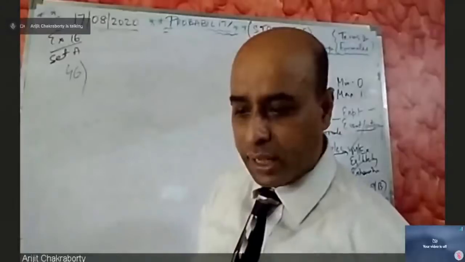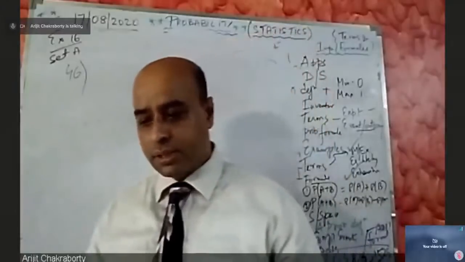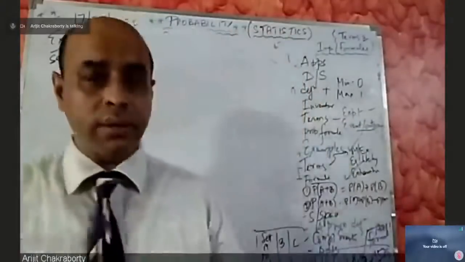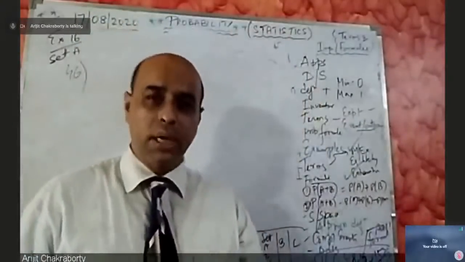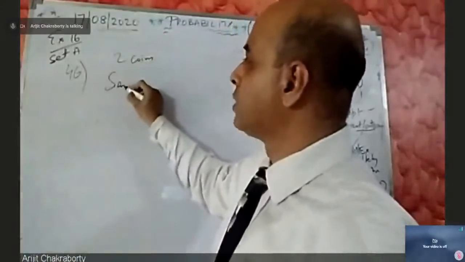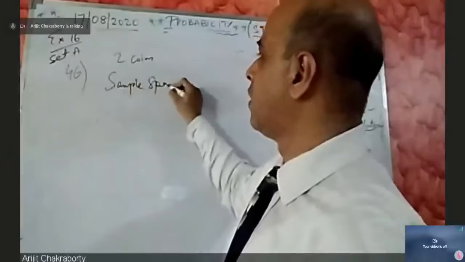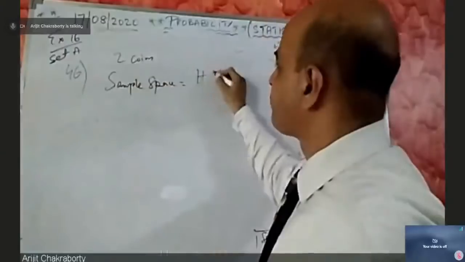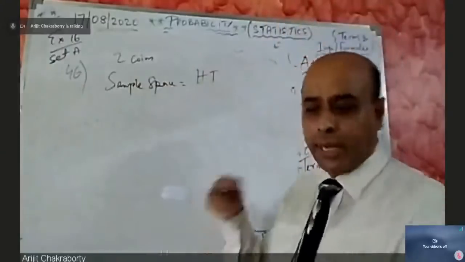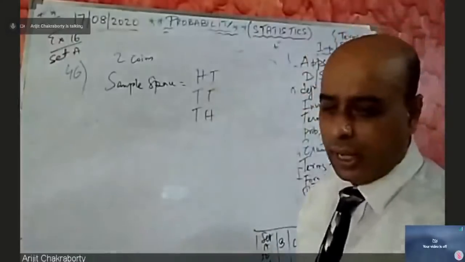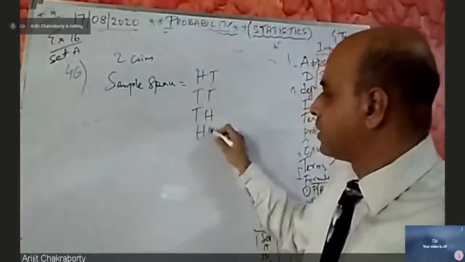What is the chance of getting a head? When you are throwing two coins, what is the sample space? What can be the options? It can be head-tail, tail-tail, tail-head, and head-head.